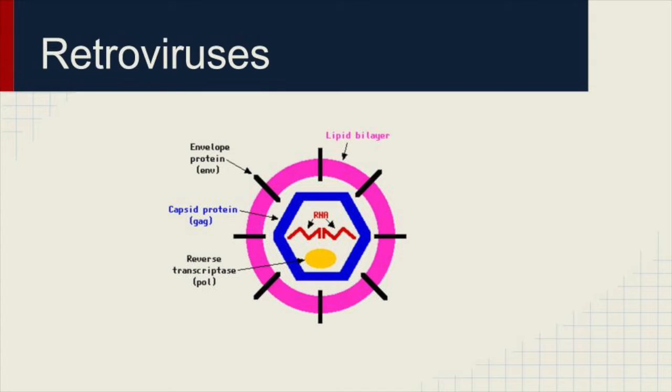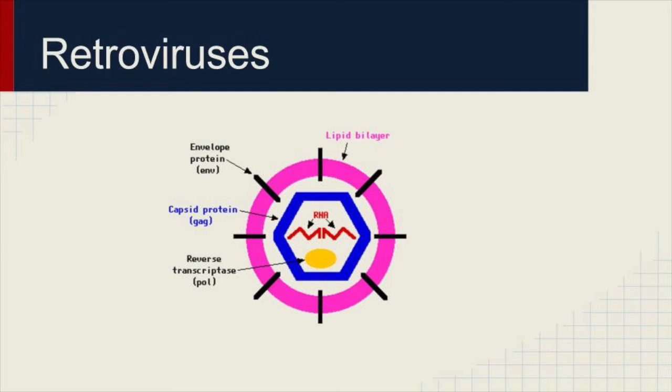As you can see, it does the same process, but it has a different look to it, such as having a lipid bilayer and a protein envelope, the capsid protein, and the RNA and reverse transcriptase, which will basically make the process much faster.